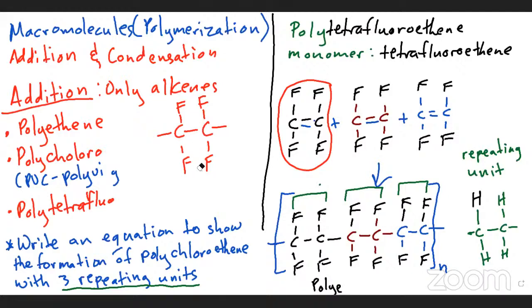All right. So if they ask you to draw the polymer with 4 repeating units, it means that inside of it, you should have 4 of these. So this one I'm drawing here has 3 of them. All right. So let's move now to condensation.